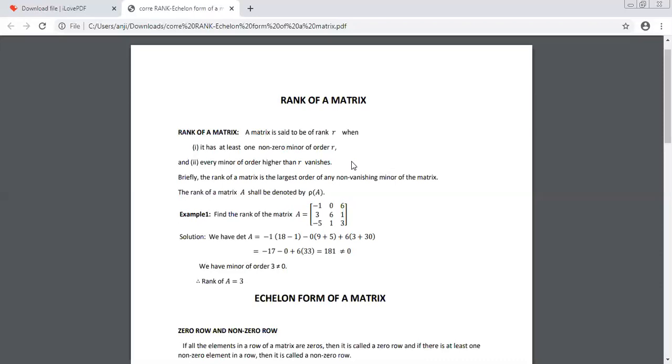All minors of order higher than r, those values are zeros. So this is the second condition.